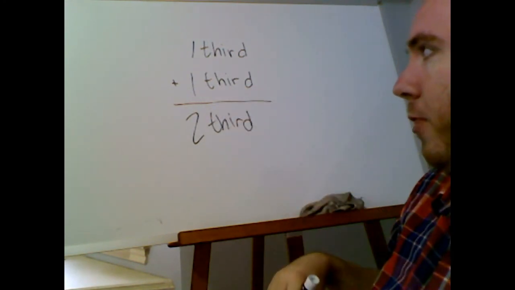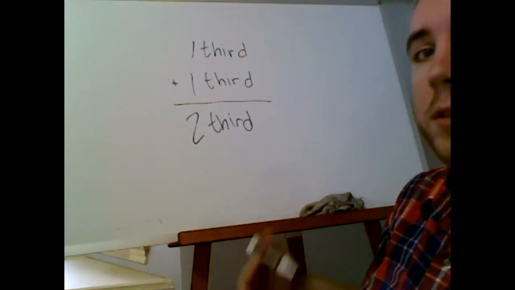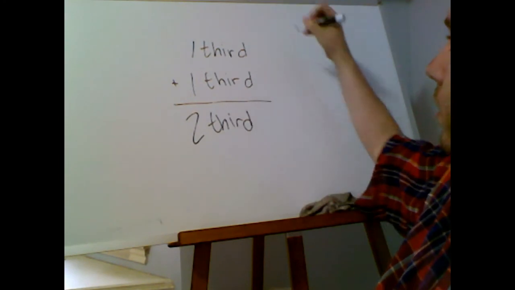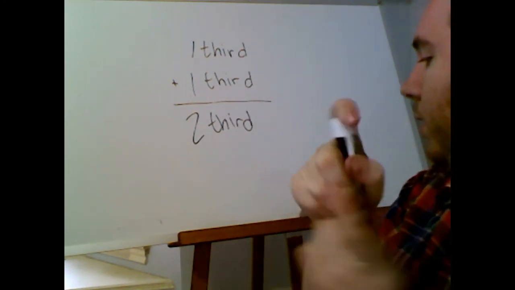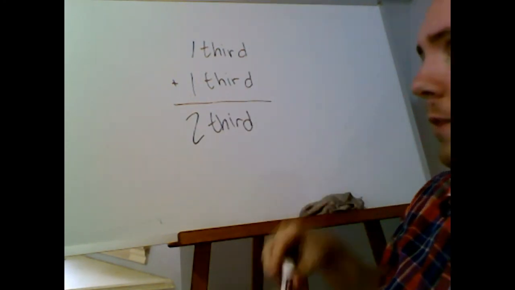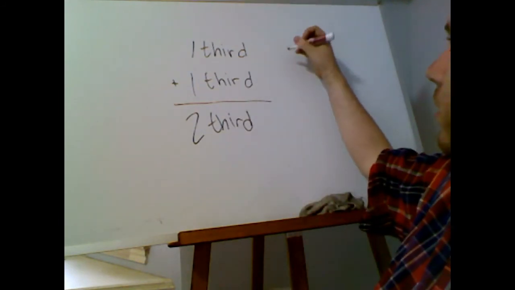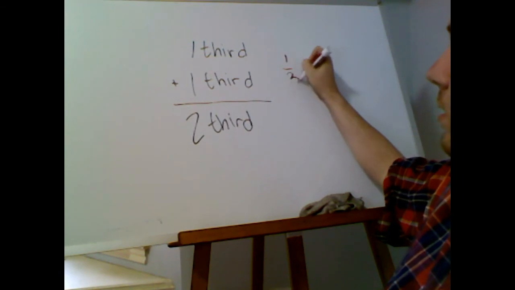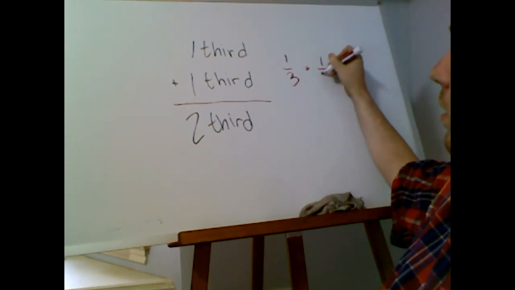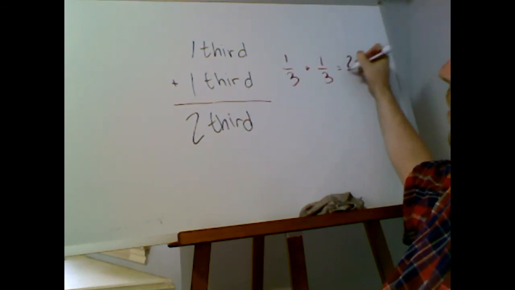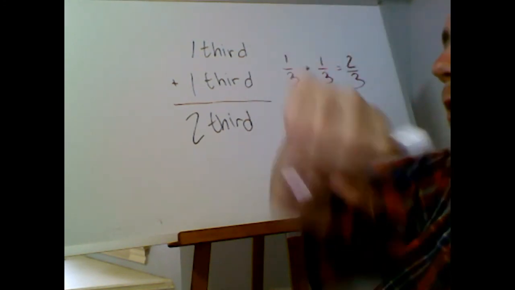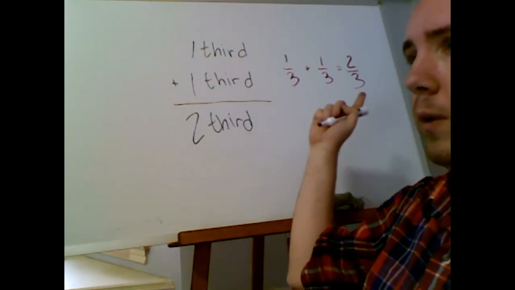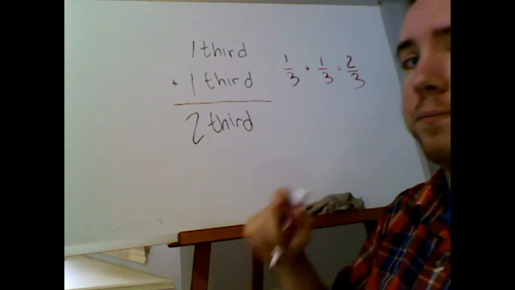You don't have to know what a third is to know that that's 2/3. It's basic logic. But we know that a third is a fraction. So if this is true, then we know that this must also be true. 1/3 plus 1/3 is 2/3. As confirmed here, we also know it's true here. All right?